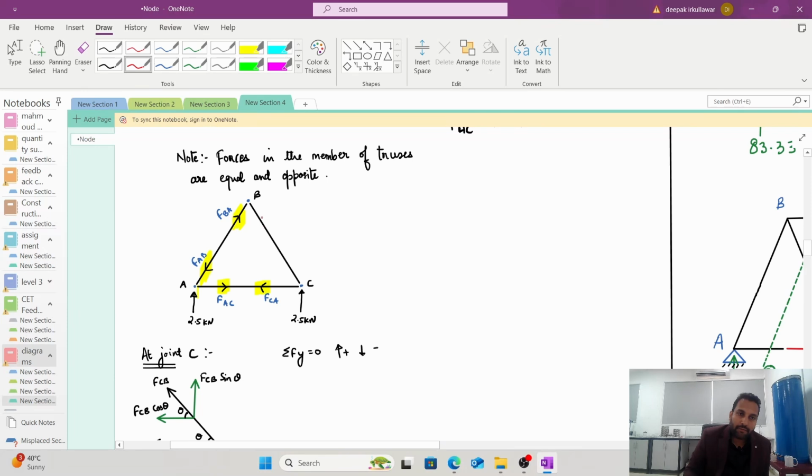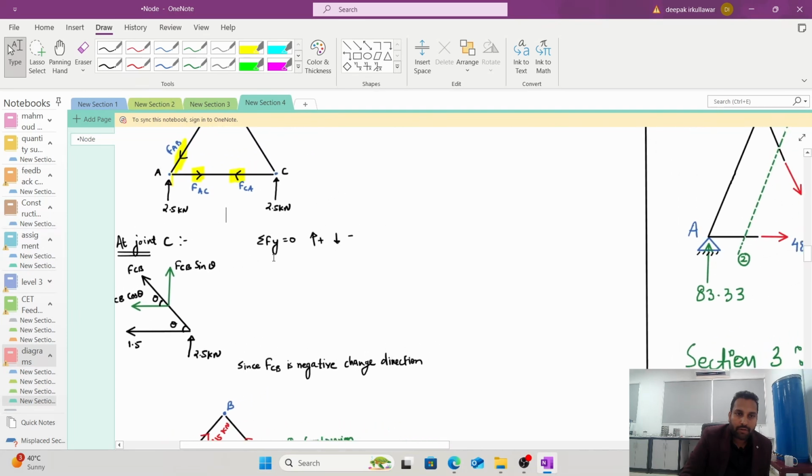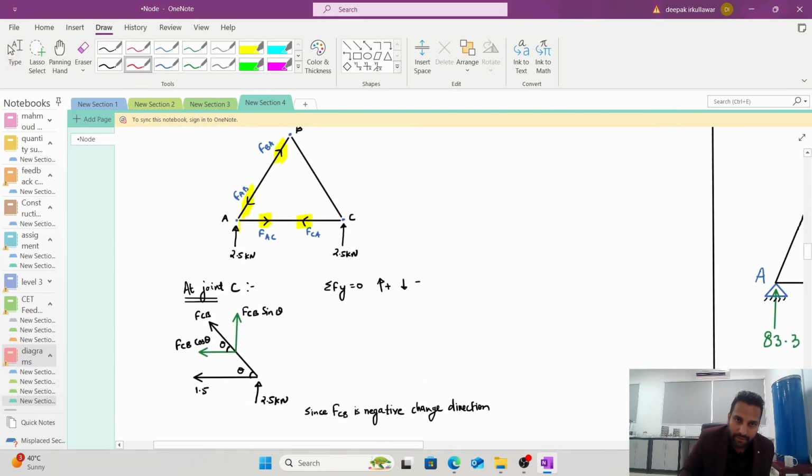So I need to calculate the force in BC. To calculate it, what are you supposed to do? Same, you need to take the joint C. So this is the joint C.